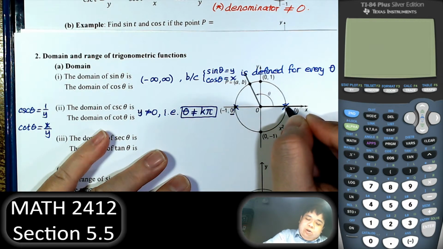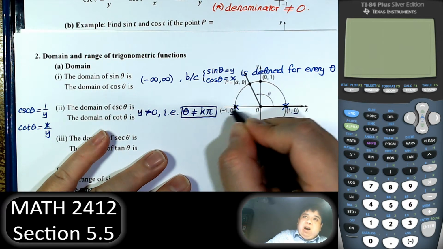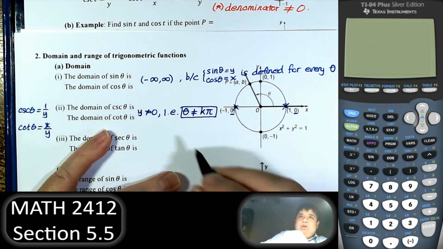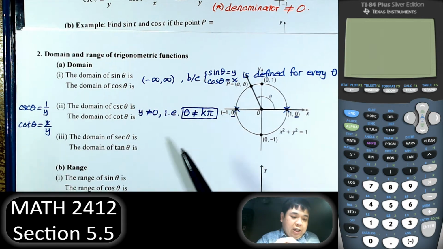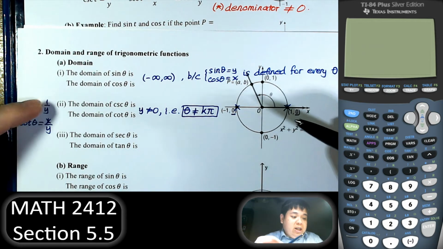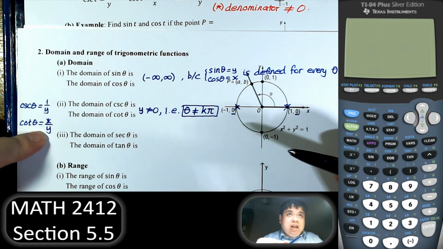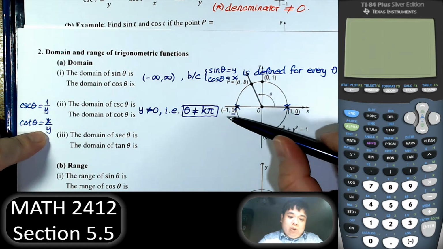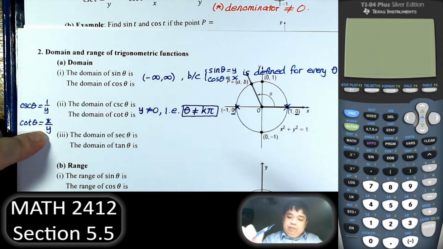Cannot equal 0, pi, 2 pi, 3 pi, 4 pi, and so on. Because cosecant and cotangent are 1 over y and x over y respectively, y cannot equal 0, so we cannot have those points.